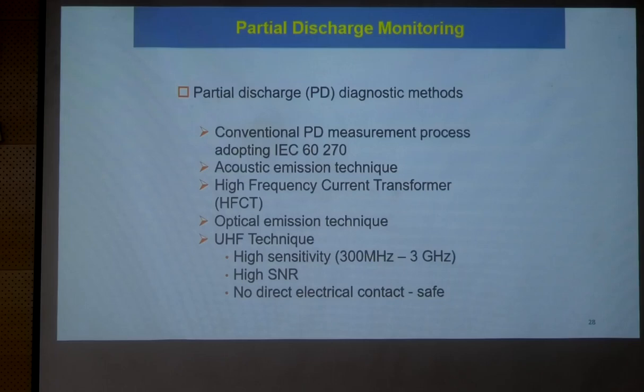These discharges, being in the megahertz or gigahertz range, interfere with the communication lines. That is why earlier telephone lines had this type of problem in the rainy season, because of these interference effects.